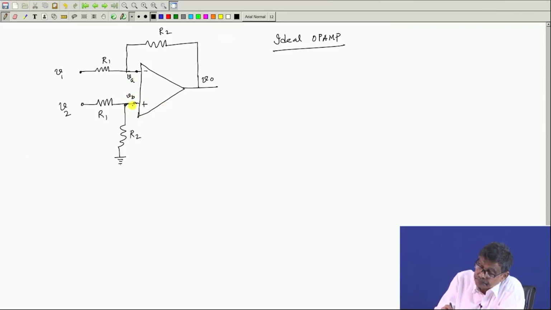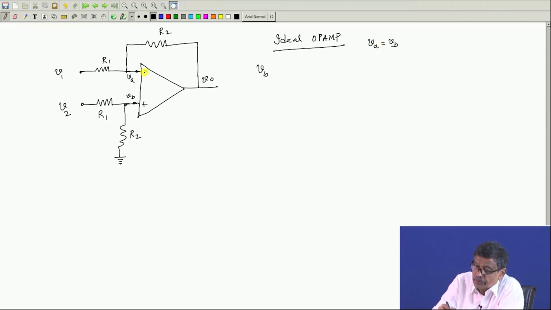Now, since no current is drawn, what will be VB? I will calculate VB first, because I am sure VB will be equal to VA. VA and VB have to be the same.